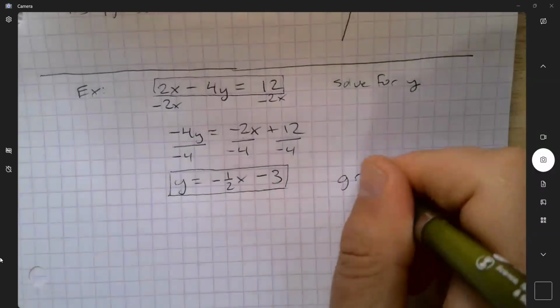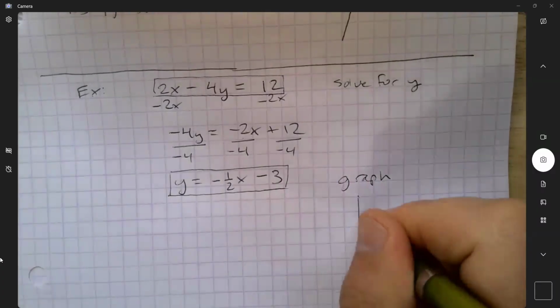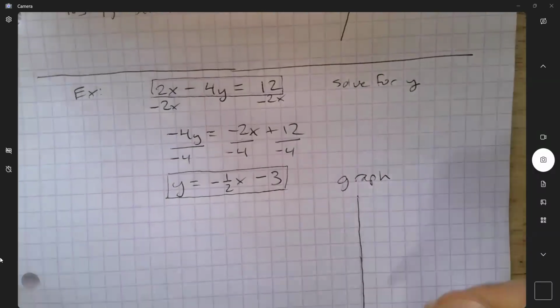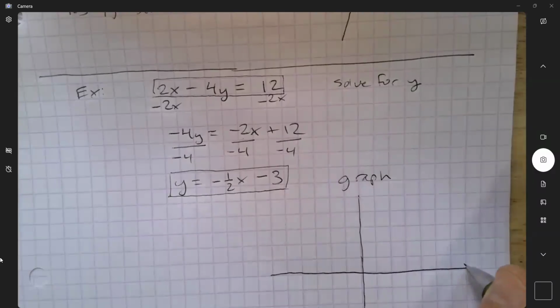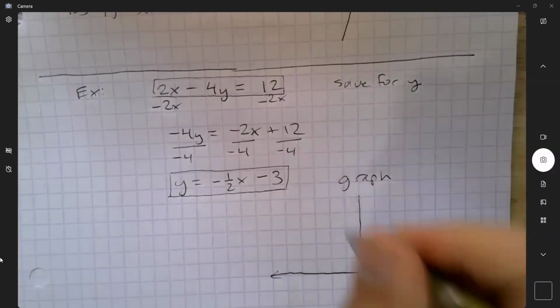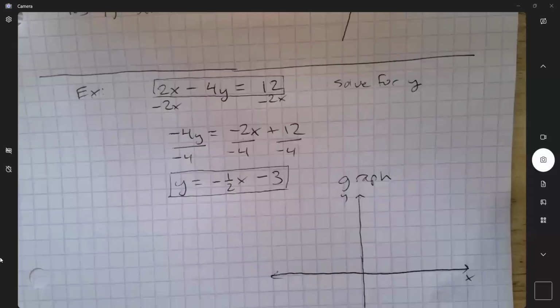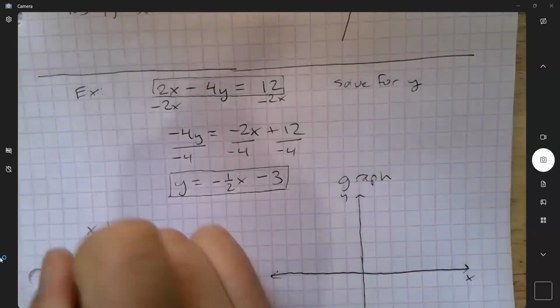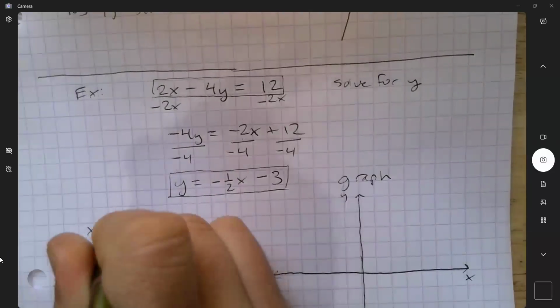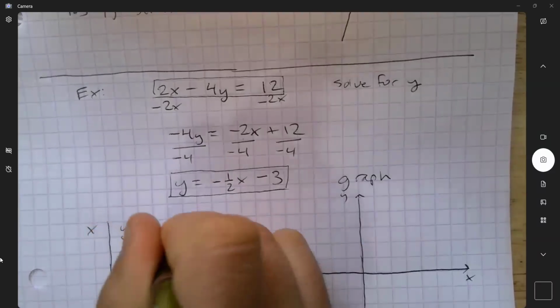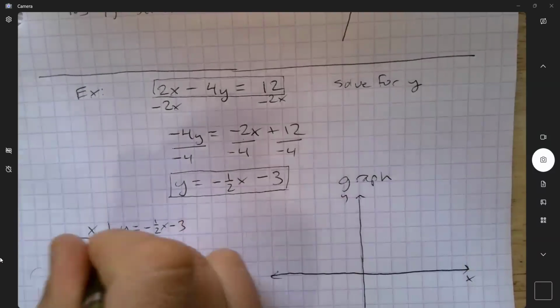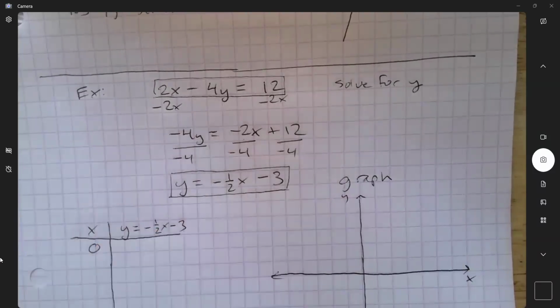So let's graph this, but as we graph it, we're going to use a numerical representation to help us. x, y equals negative 1/2 x minus 3. So let me start with the simplest number, which is 0.